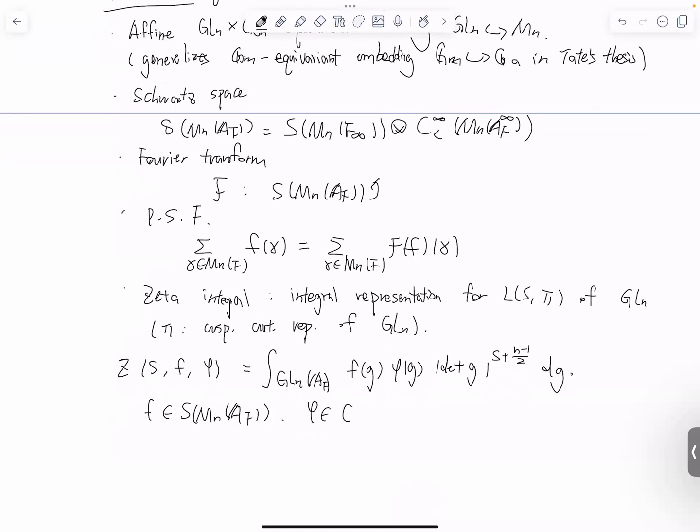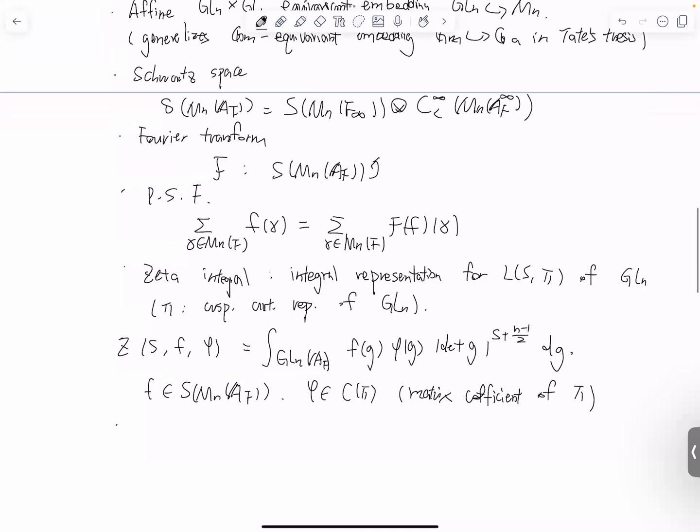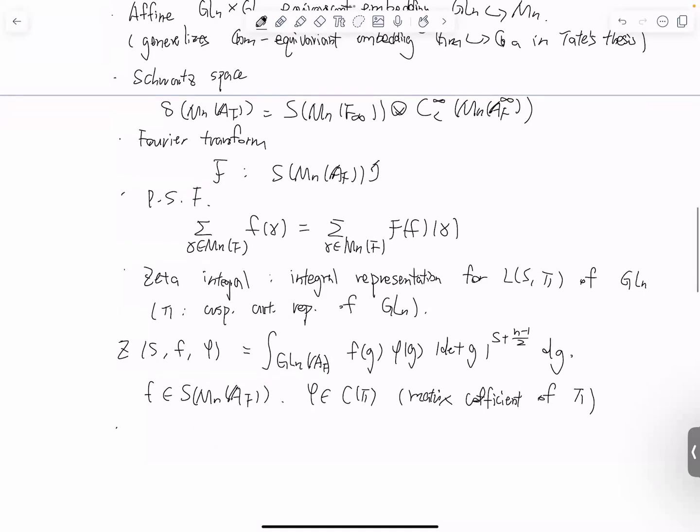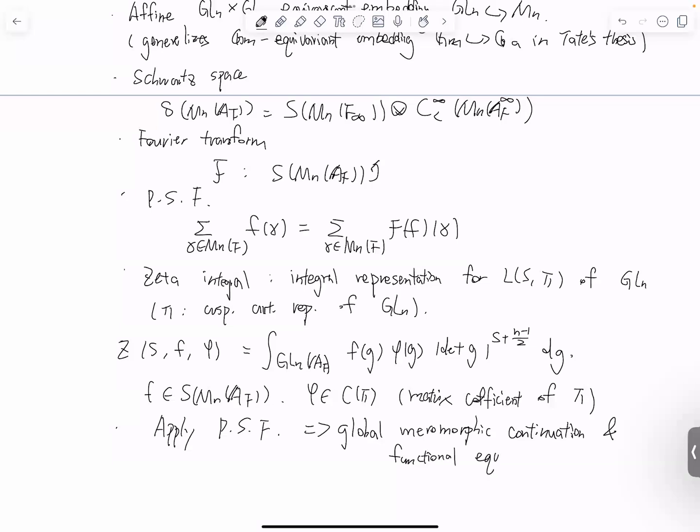and phi is in C_pi, which is a matrix coefficient of pi. Then they apply the Poisson summation formula to get the global meromorphic continuation and the functional equation of L(s, pi).